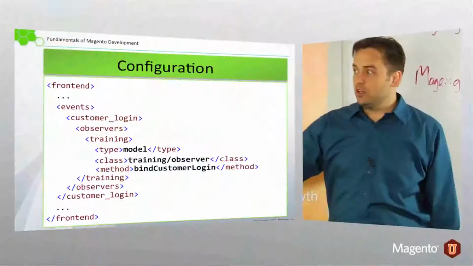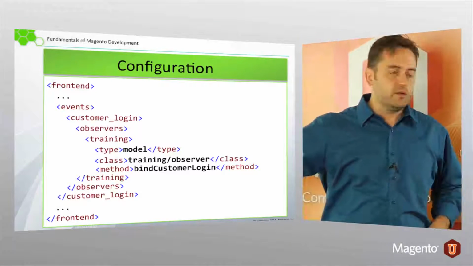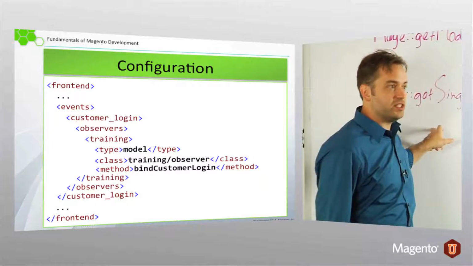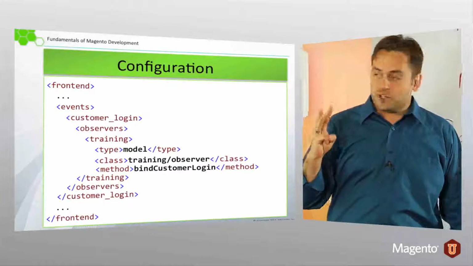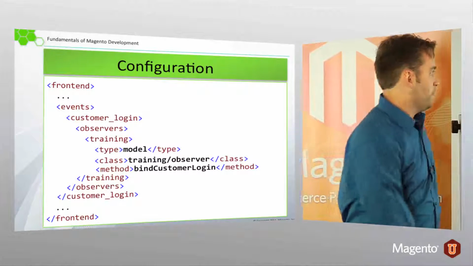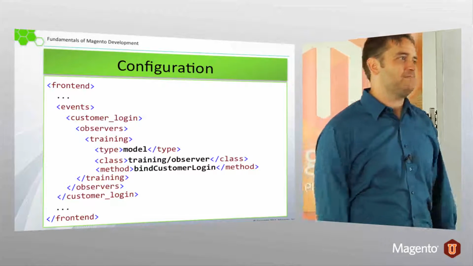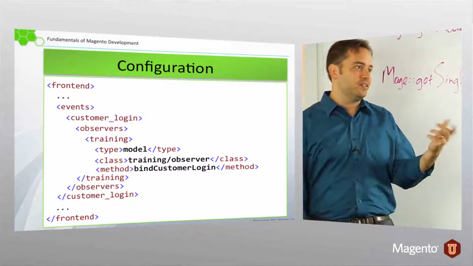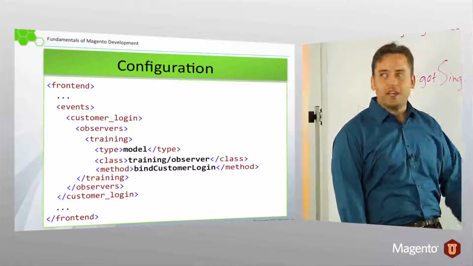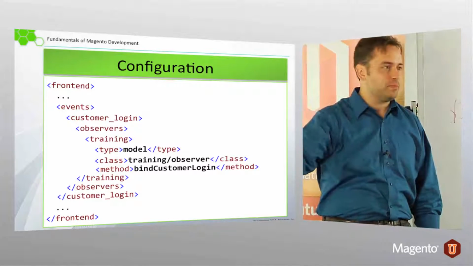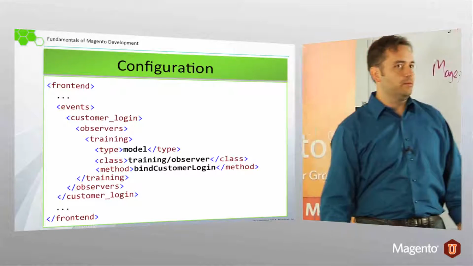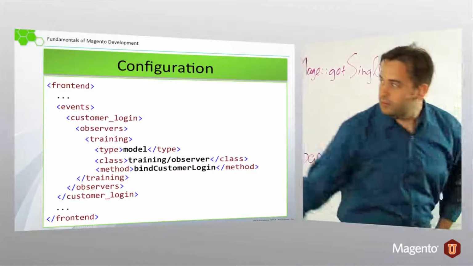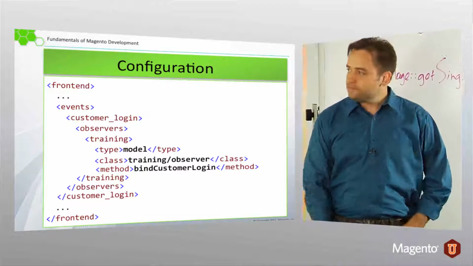So anyway, we have two options for instantiating here: model or singleton, which will map out to Mage get model or Mage get singleton. Third option is disabled. It disables the observer. That's how you can override an existing configuration and just specify the same XPath and call disabled here for type.